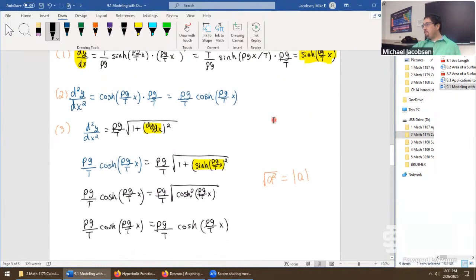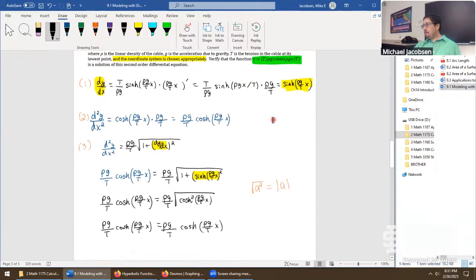So back up here on the top, we can say, therefore, don't forget the conclusion, y equals t divided by rho g cosh of rho g over t x is a solution.